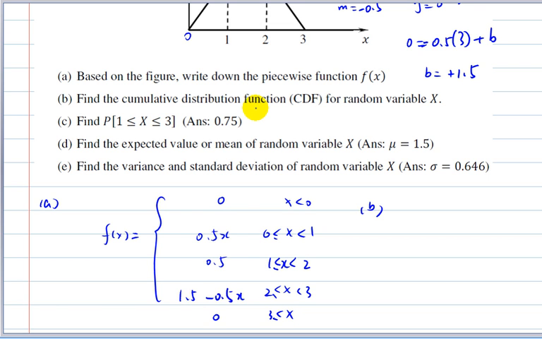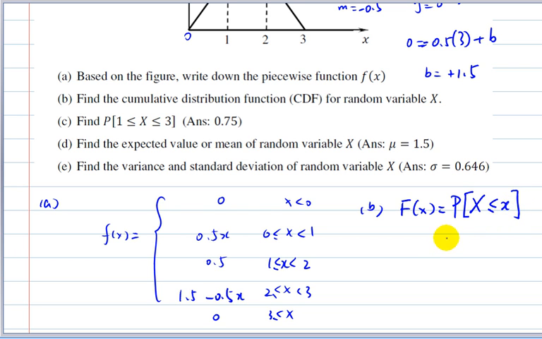Now for this portion, first of all, you need to know what the cumulative distribution function is. If you look at our lecture notes, we use capital F of x to represent the cumulative distribution function. The definition of the cumulative is basically the probability of a random variable X less than a certain value of a small x.